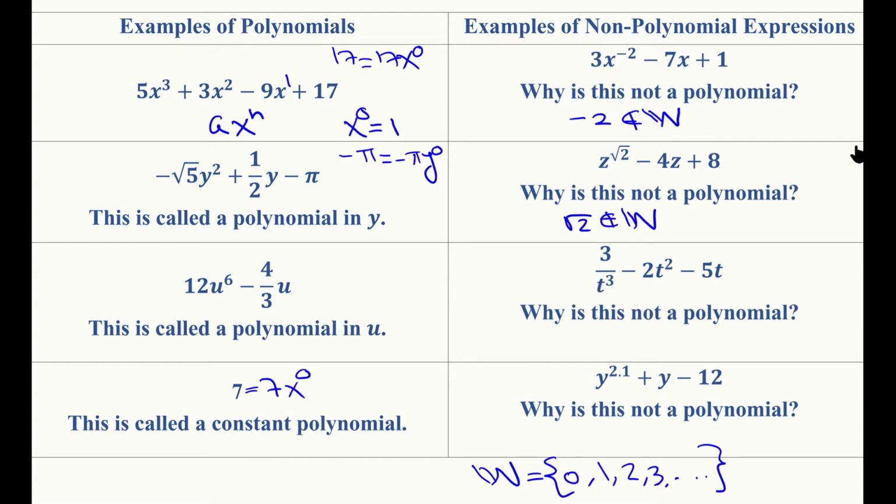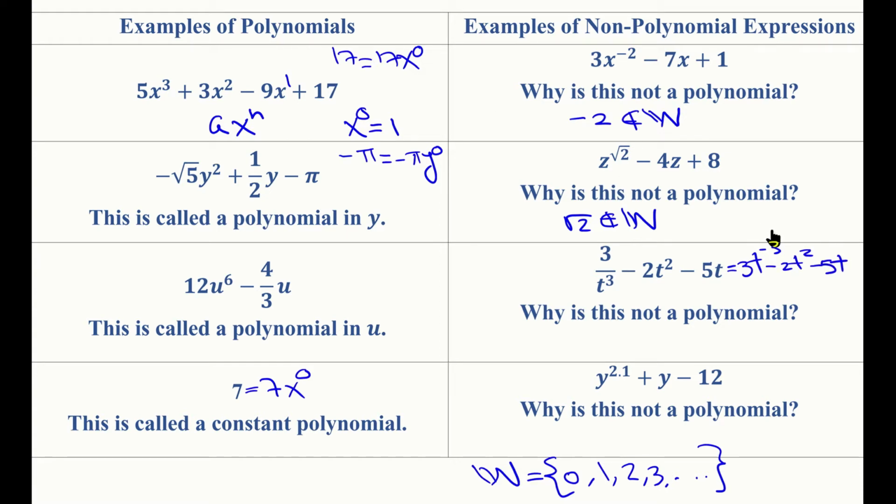All right, so in this next one, this does not qualify as a polynomial because there's no way we can go ahead and have this power move to the top and this exponent remain positive. So very soon we're going to learn that this actually can be brought up, but it turns into 3t to the -3 minus 2t squared minus 5t.